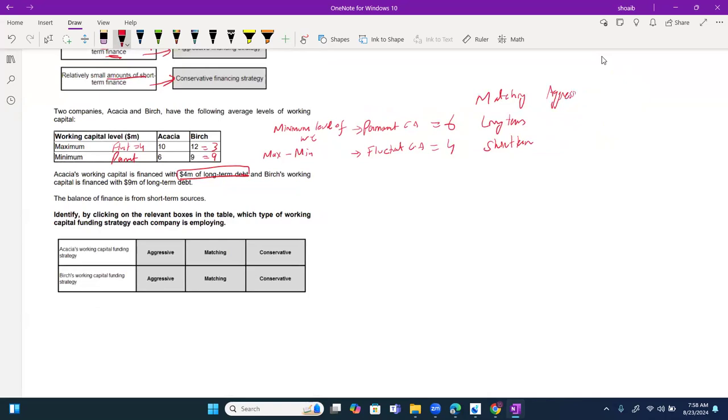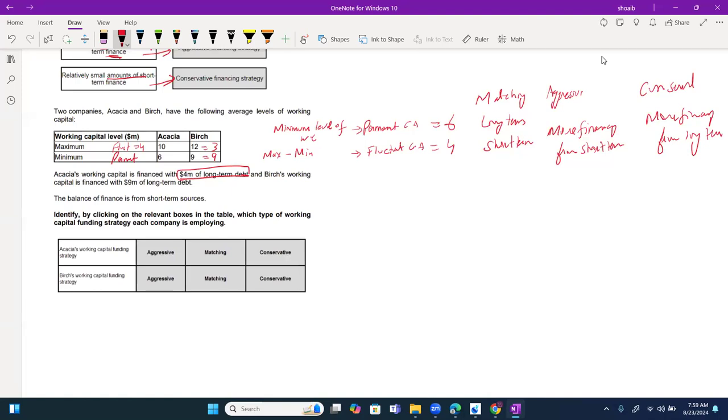You should finance majorly from short term, more financing from short. Okay, what is conservative? You will finance more financing from long term.